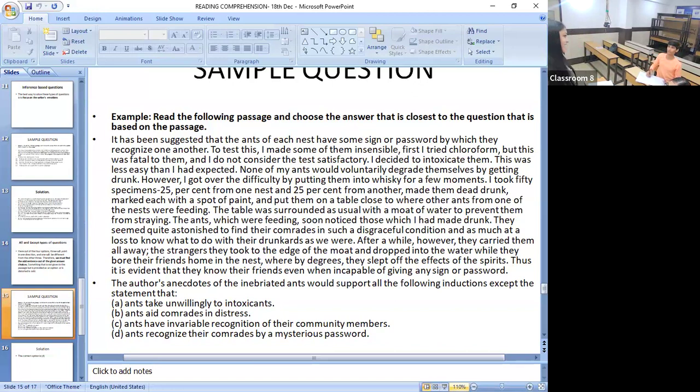Not influenced by him. No. Actually, that D option, the mysterious password, was there in the paragraph. Afterward, community members talk to each other, the password, in their own languages with their community. So I think the last option, option D, is mentioned.